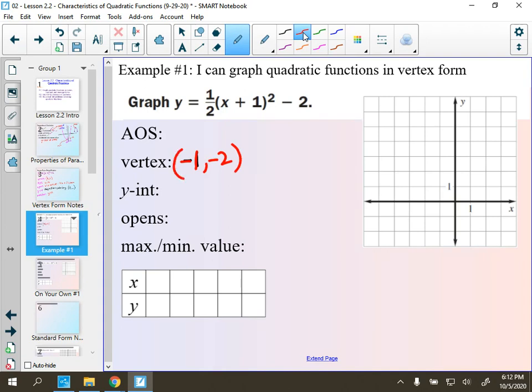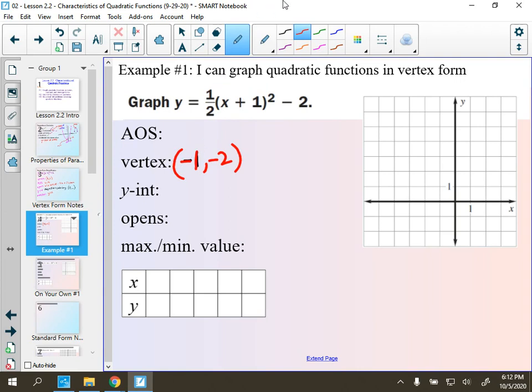Be careful there. Remember, the form is written x minus h. So this must have been x minus -1, in order for this to turn into plus here. That's why the x value of my vertex is always opposite of what it looks like in there. So it looks like +1, but my actual vertex is -1.